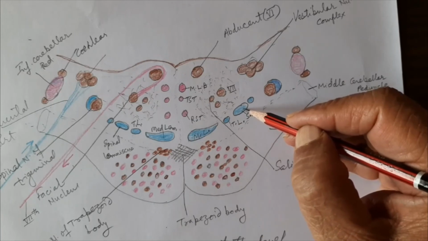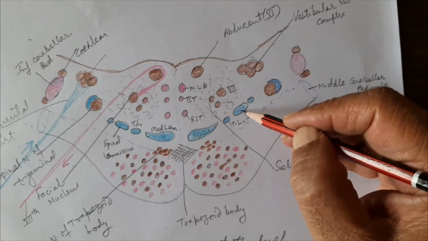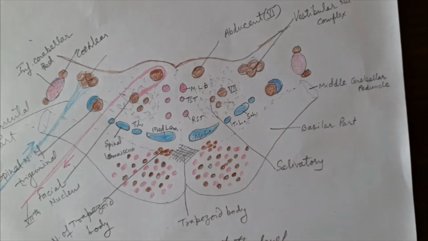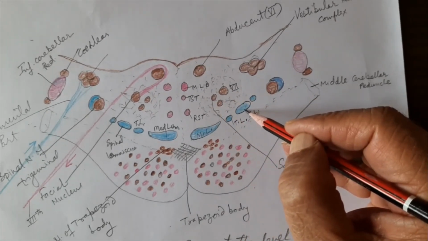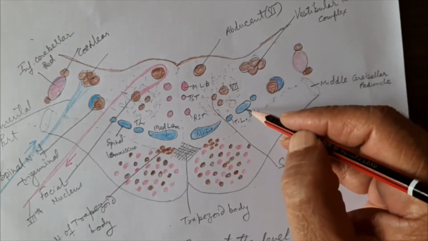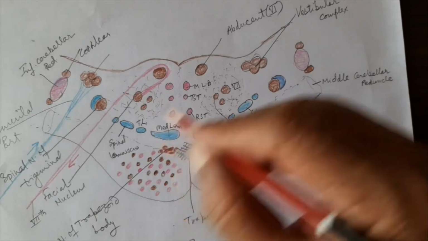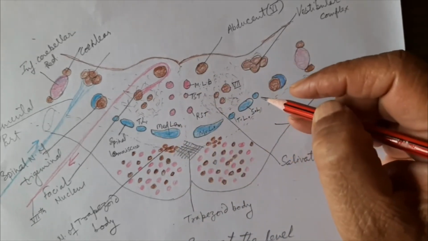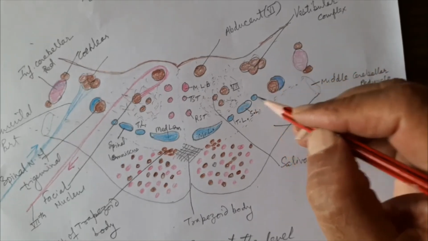That means it is bringing the sensory fibers, pain and temperature fibers, from the various levels of the spinal cord. Here it is called the spinal lemniscus because the anterior spinothalamic tract has fused with it. So this is now called the spinal lemniscus, carrying the pain and temperature fibers from the opposite side of the body.